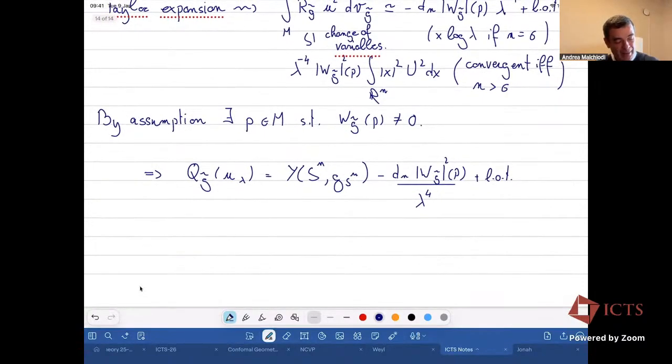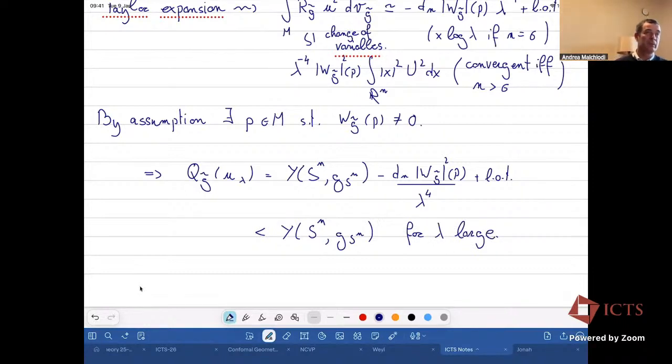So it is less than Y(S^n, g_{S^n}) for lambda large. Okay, so this proves the strict inequality and also the existence of a minimizer for the Yamabe energy, so a solution of the Yamabe equation.